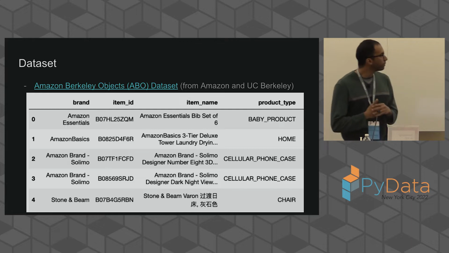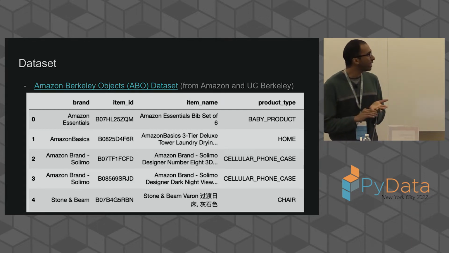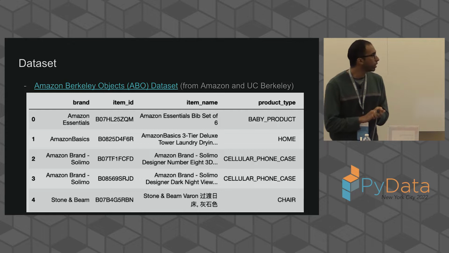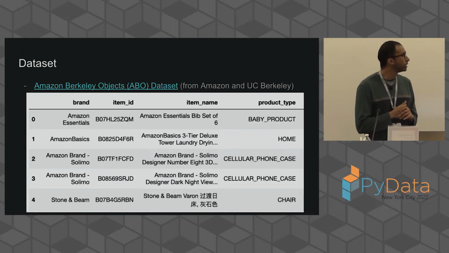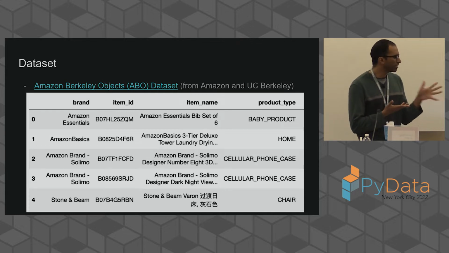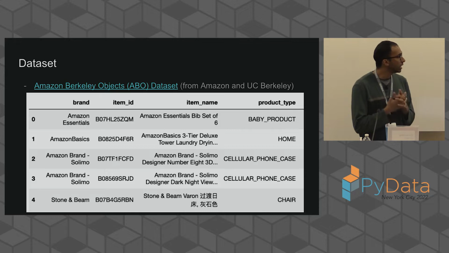It has things like brand, item ID, item name, and product type. So what our model is going to do is, given an item title or given a query, extract the appropriate product type for it.